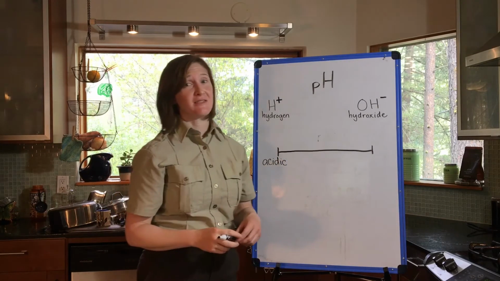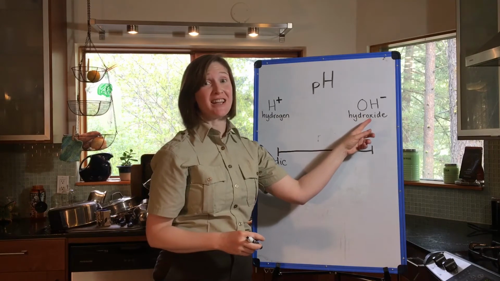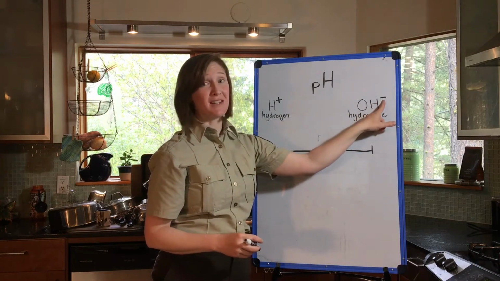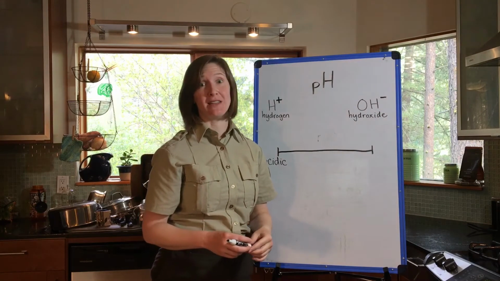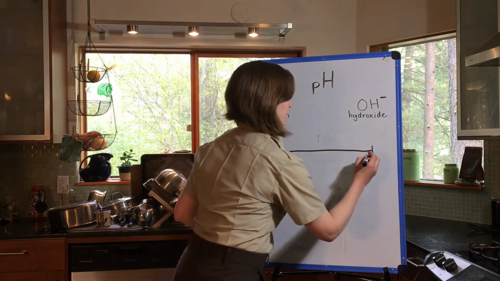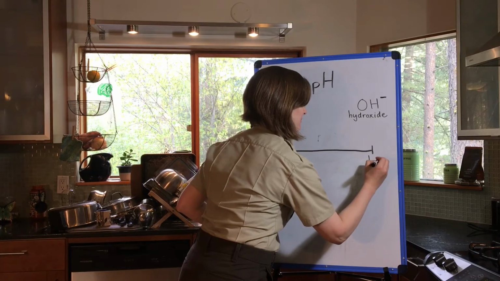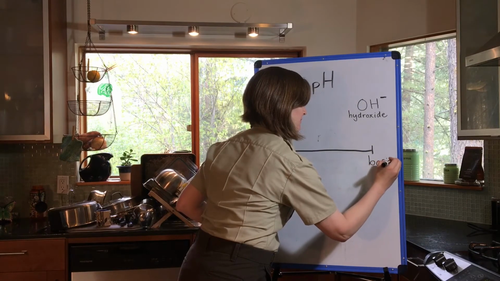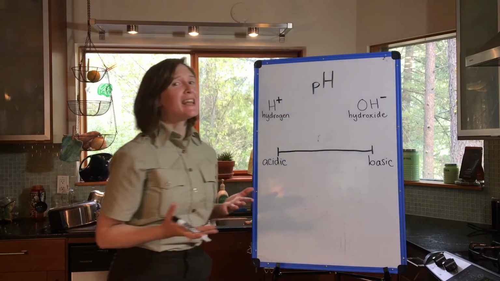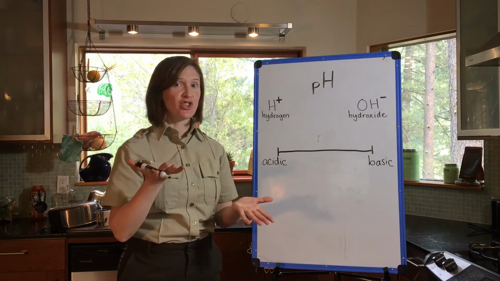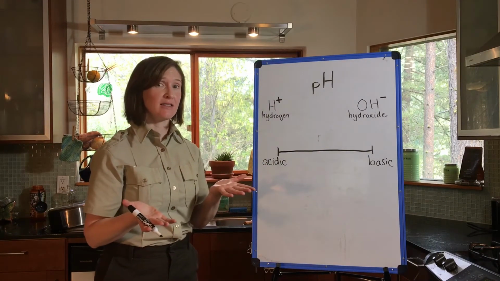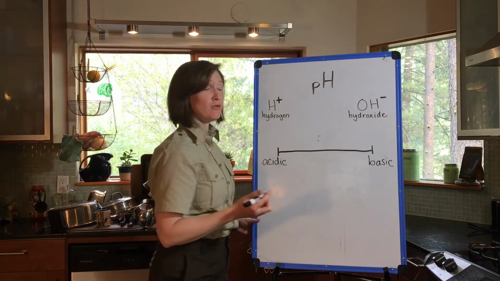On the other hand, if there are more hydroxide ions with a -1 charge, that substance is going to be more basic. If the substance has an equal number of hydrogen and hydroxide ions, that is going to make it neutral.